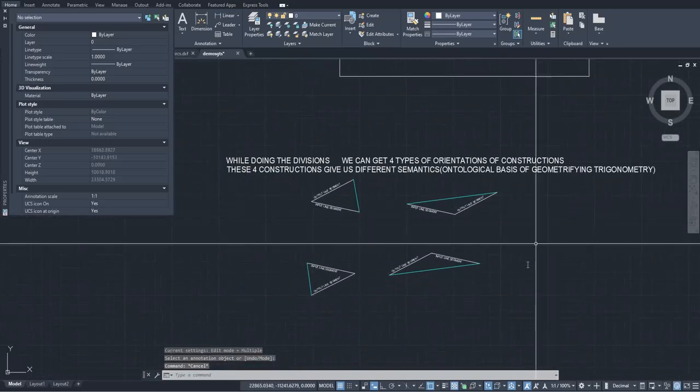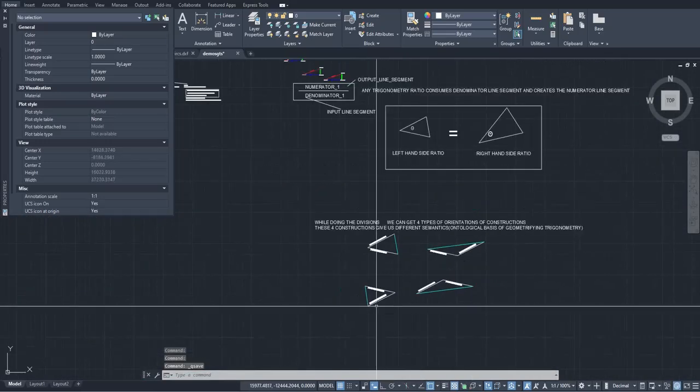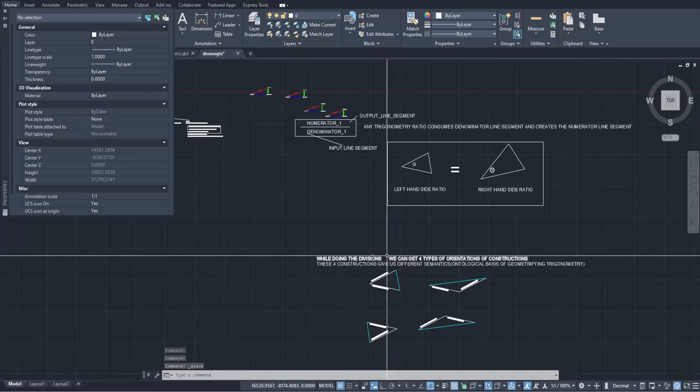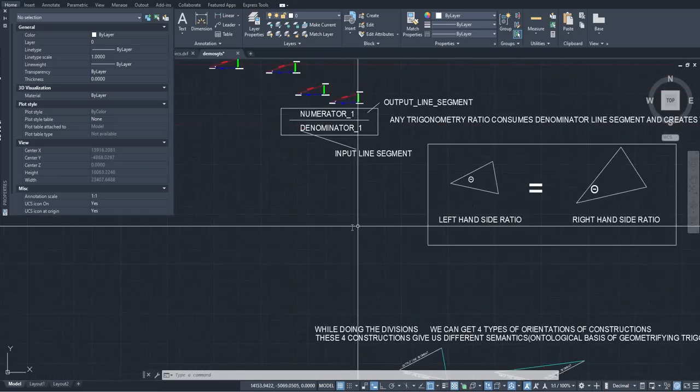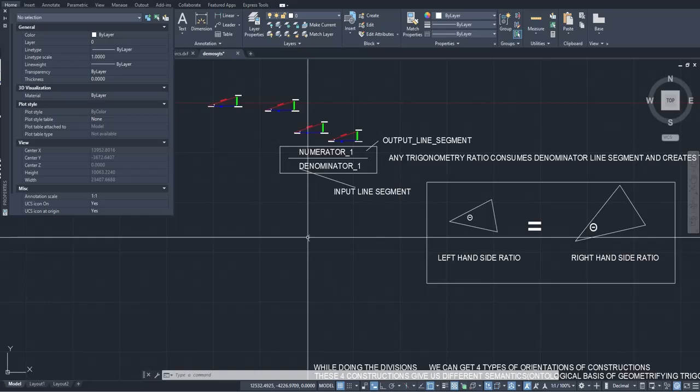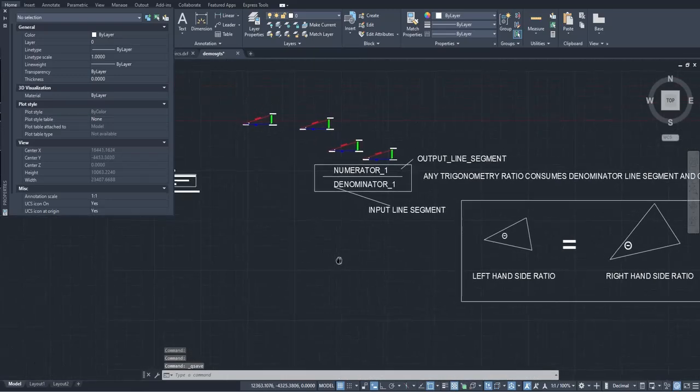These are important concepts for finding the conclusions about the divisions. Now these four ways of the divisions have different symbols in Geometrifying Trigonometry theory. There you can get the symbols for the division.